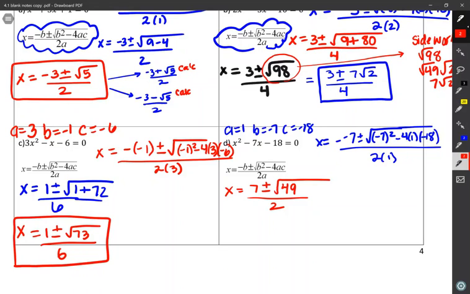I'm going to plug that into my calculator. Be careful with your signs. Positive.